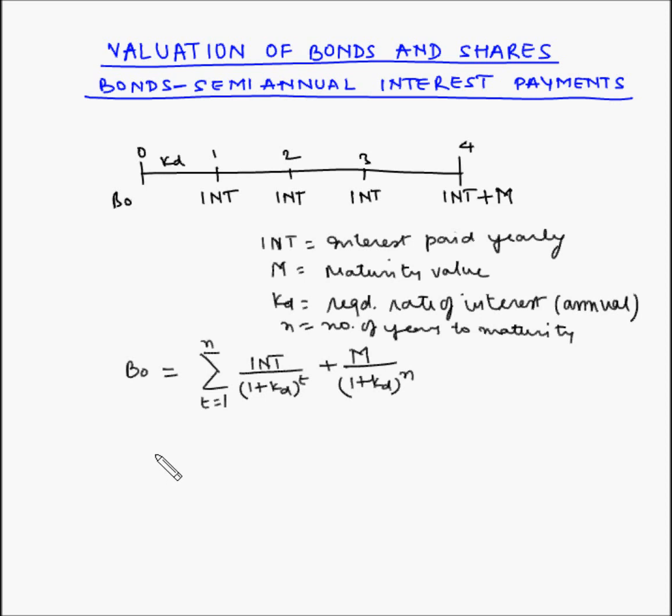Now let us take the case of semi-annual interest payments. So let's say this is the time scale. Here we had the total tenure as 4 years, so I have marked 4 sections here, 1, 2, 3, 4. However, this is the case of semi-annual interest payments, so interest is being paid every 6 months.